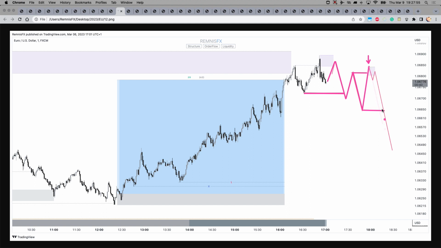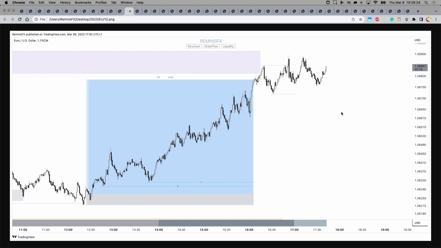Instead of doing this, it will give a reaction after inducement is taken out, and then before breaking this low, comes back one more time to mitigate this extreme, and then continue lower and break this low. If that happens, I will then make my second entry here, right? So basically this idea I would execute, but only if price action gives me structure-wise the proper setup, right?